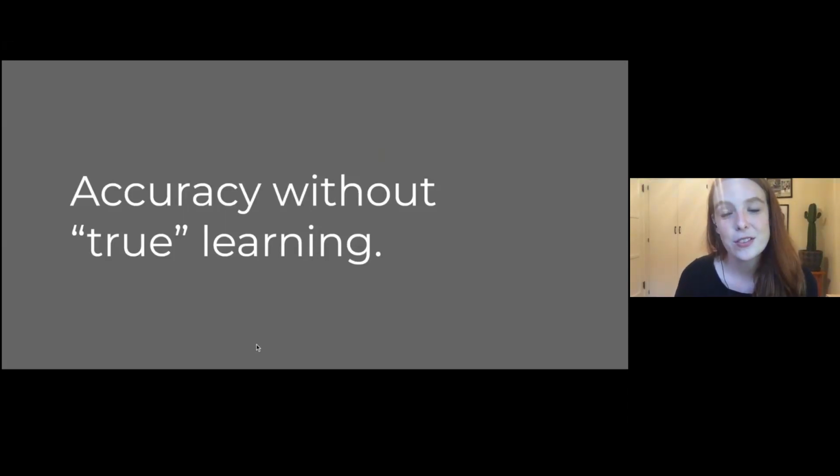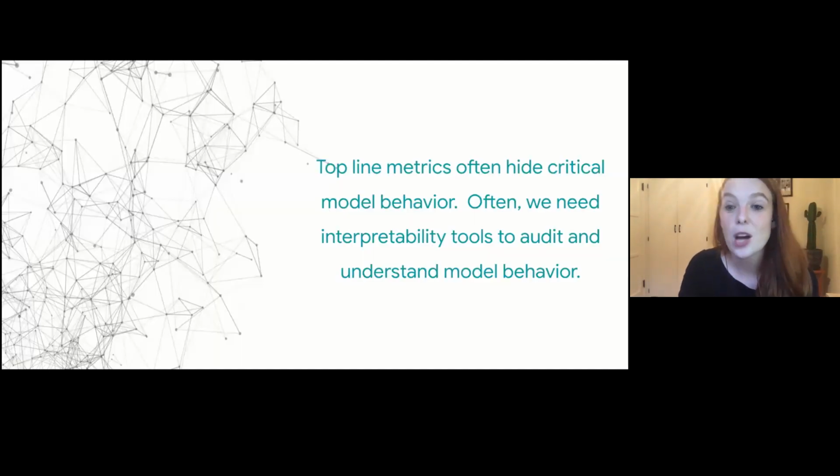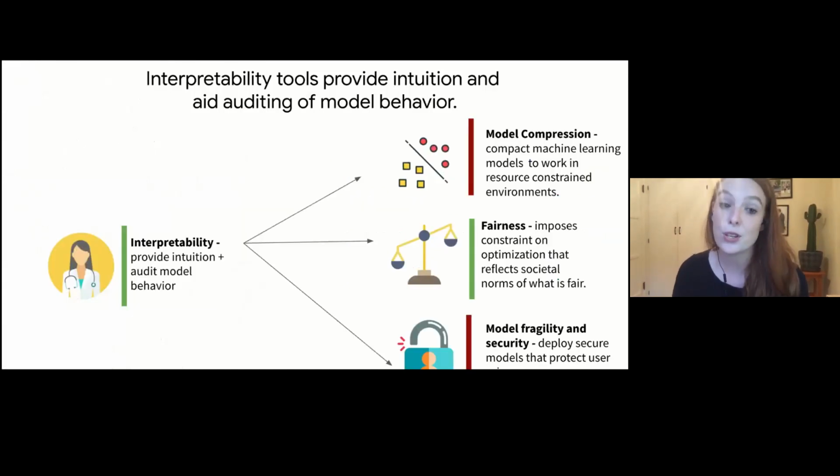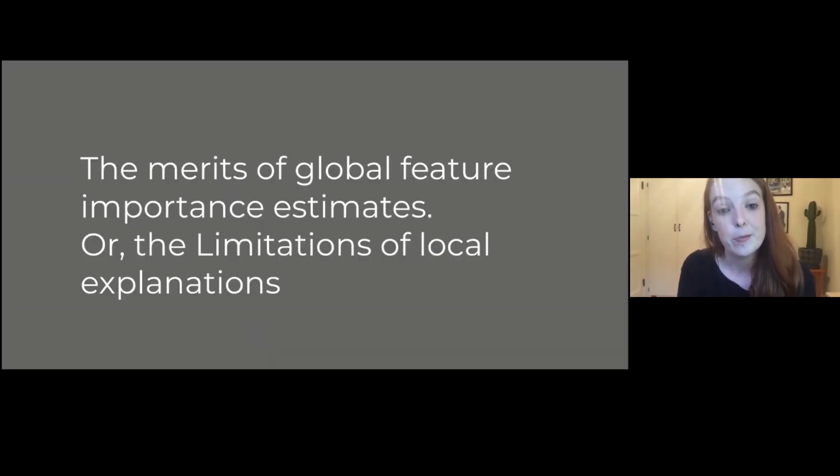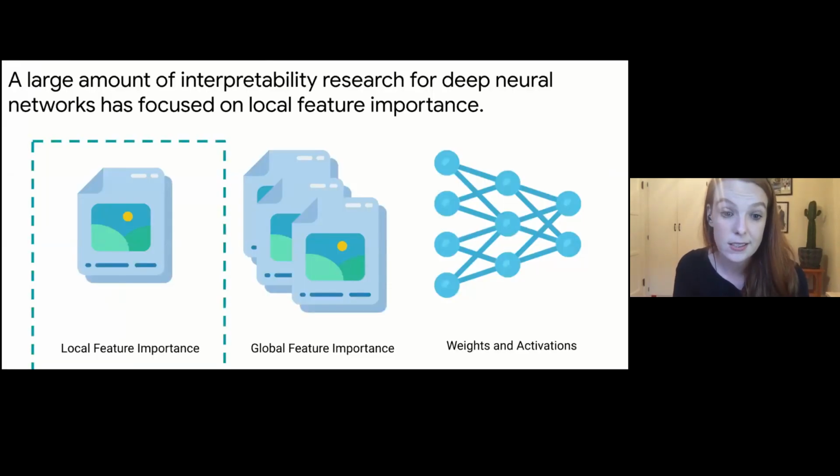A lot of the motivation for this work is that we often have accuracy without true learning. Top-line metrics often hide critical model behavior, and that's really the role of these interpretability tools, in my mind, to provide intuition and meaningful examples for humans to be able to audit a lot of the issues.